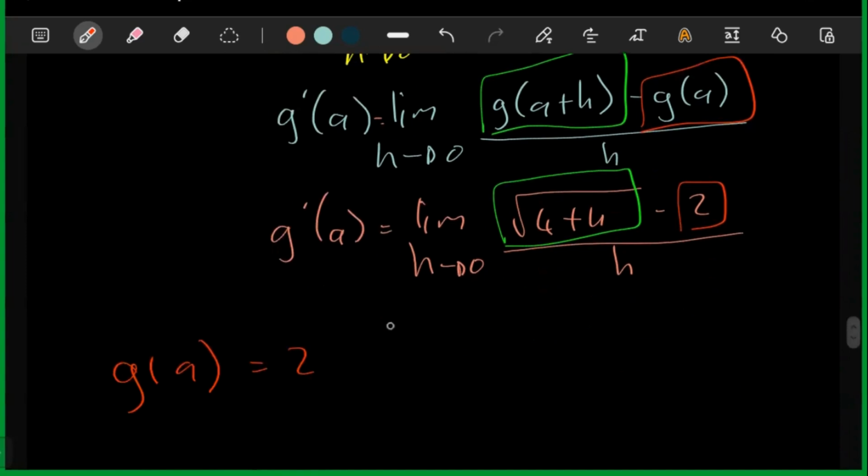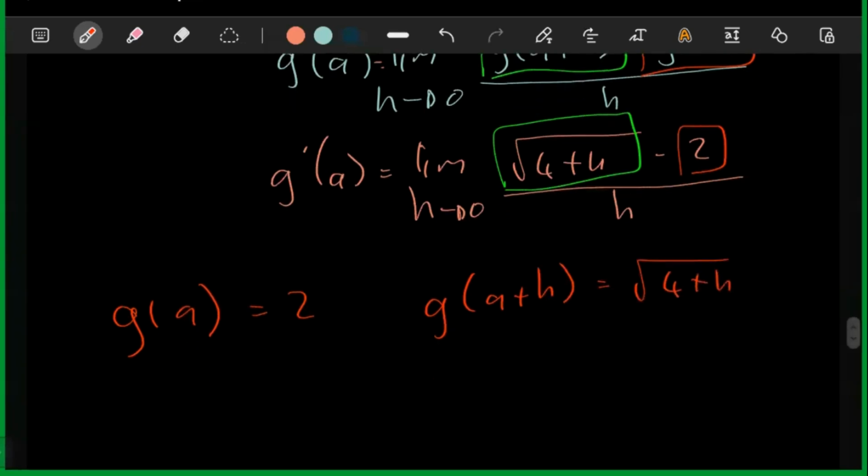What we know is if you take g of a plus h, and the square root of 4 plus h. This is saying, remember, in the equation of g, wherever x is, we're gonna throw a plus h in there. So this and this, they look alike.